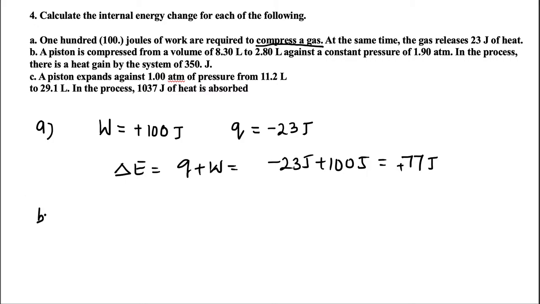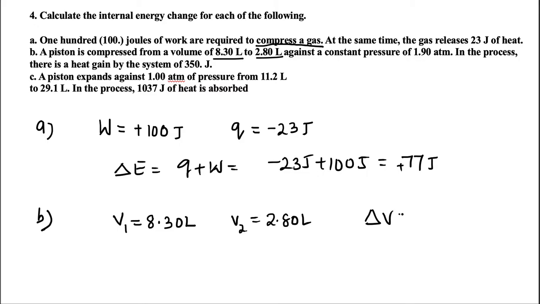Next, let's do problem B. What is problem B here? A piston is compressed from an initial volume of 8.30 liters to a final volume of 2.80 liters. Therefore here I can write V1 as 8.30 liters and final volume V2 as 2.80 liters. And what is the displacement here?